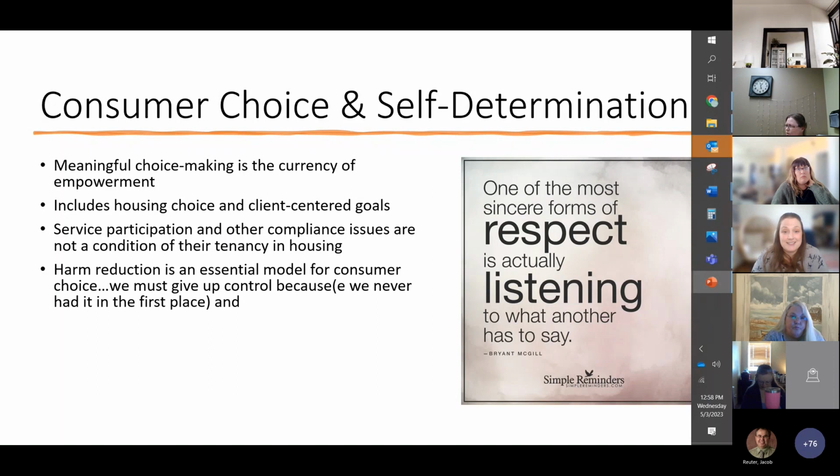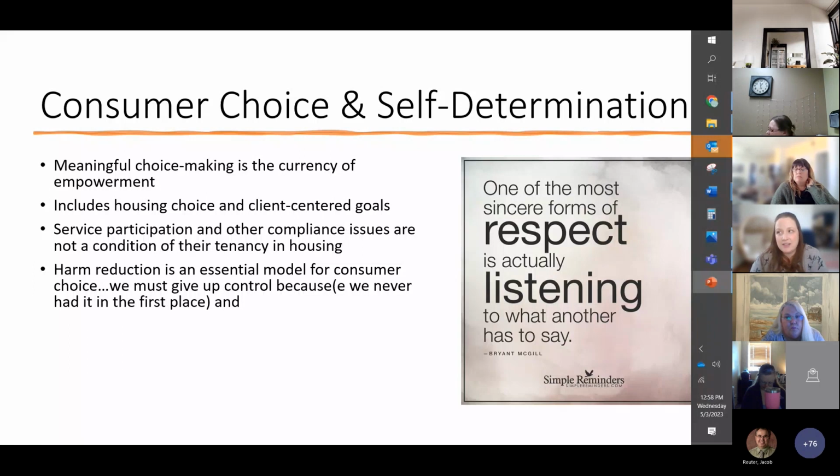Harm reduction is an essential model for consumer choice. I know that Jan Eliason is going to be doing a harm reduction focused session for you here, so I didn't want to go too terribly deep into it. But again, in Housing Navigation we talk a lot about how we are living housing first today.